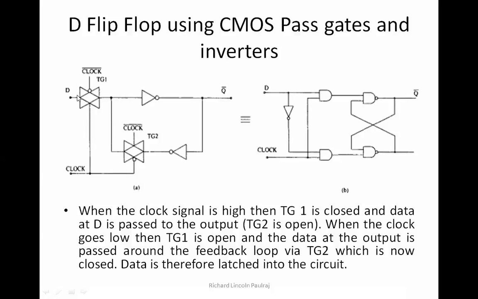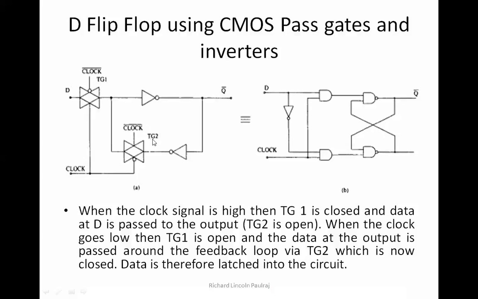You can observe here, the clock bar is given to the bubble. But here the clock bar is not given to the bubble, it is given to NMOS. Similarly, here clock is given to the bubble, and clock here is given to the non-bubble, which is NMOS. So ultimately, I can decide which switch to open, either TG1 or TG2.